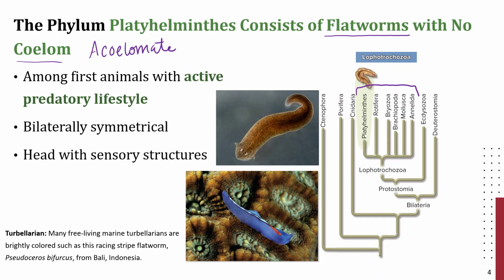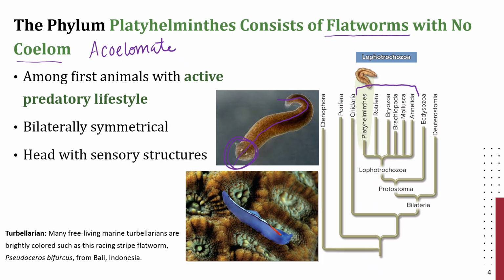Flatworms are mostly predators. Because they're animals, they're heterotrophs, but specifically they eat other organisms. They have bilateral symmetry. You can see through this flatworm down the center. He is very much bilateral. And then they have a head with concentrated sensory organs.